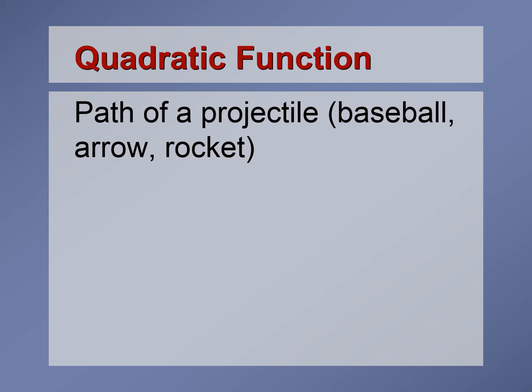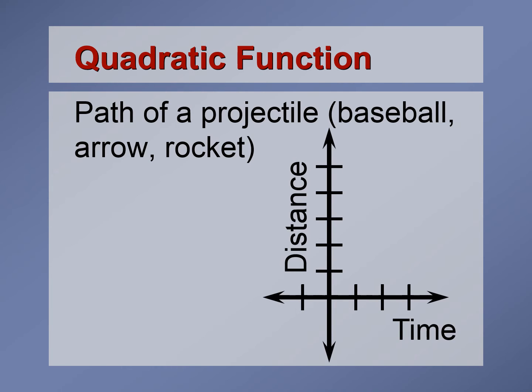So an example of a quadratic function is a path of a projectile. So for example, a baseball, an arrow, a rocket, anything that goes up and then goes down, or goes down and then goes back up. So as time increases, your distance increases and then goes back down.